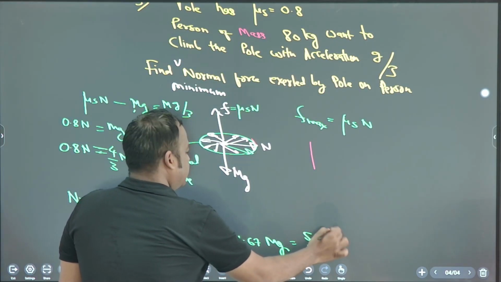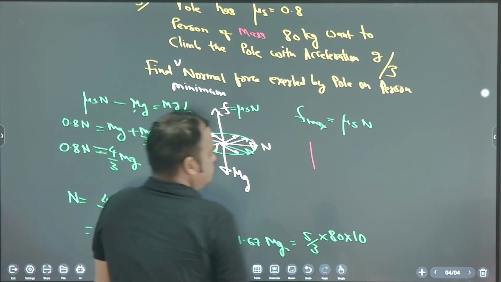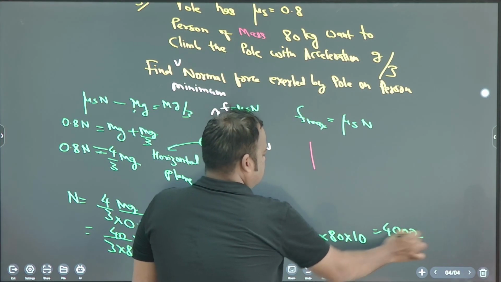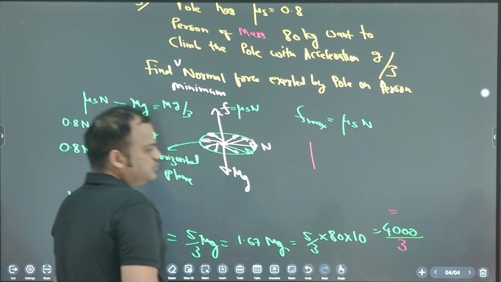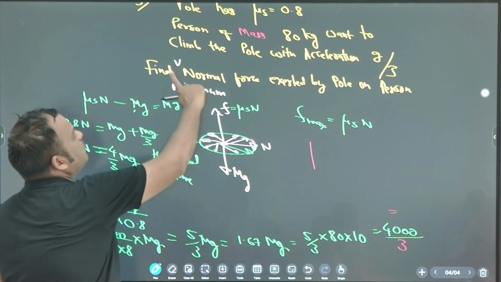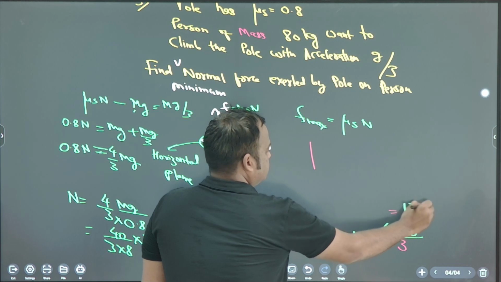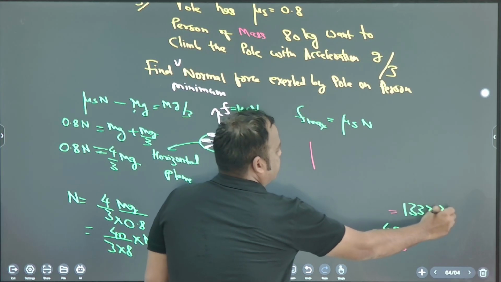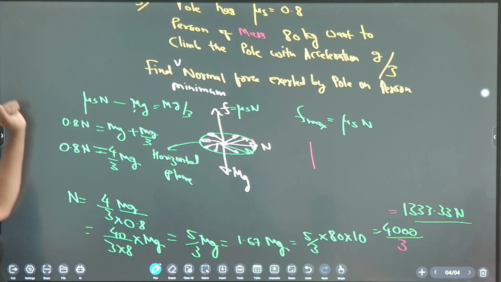So 5 by 3 into 80 into 10. 5 into 8 is 40. So 4000 by 3. This is your answer. Find the minimum normal force exerted: 1333.33 N. So this much force I am exerting.